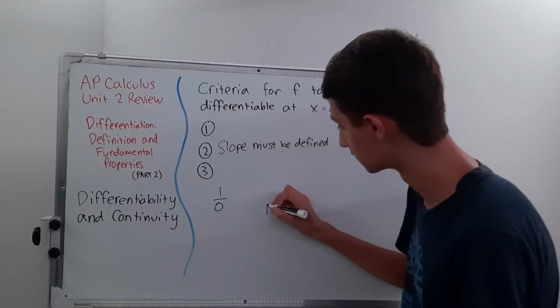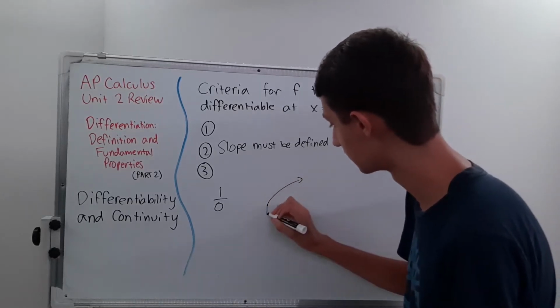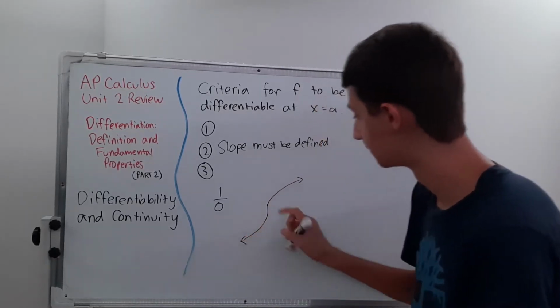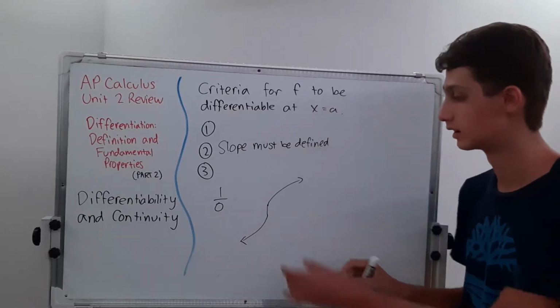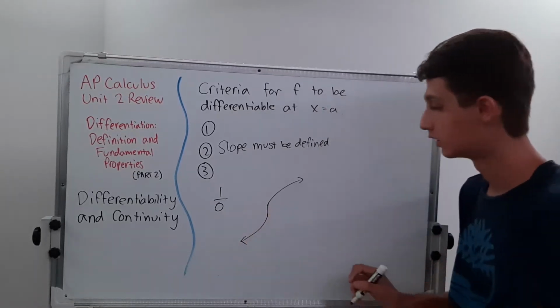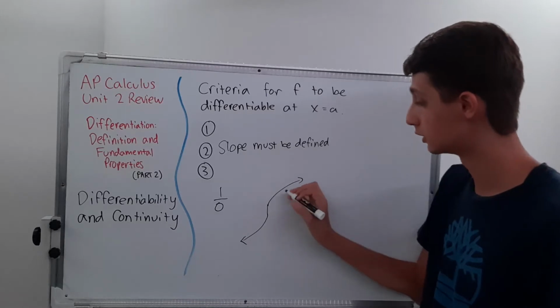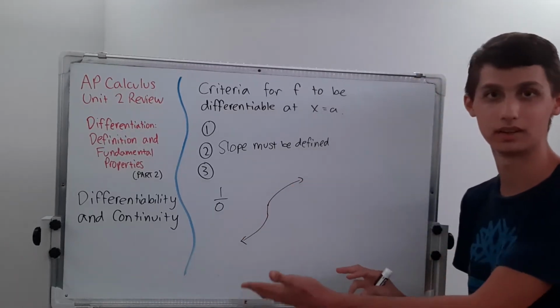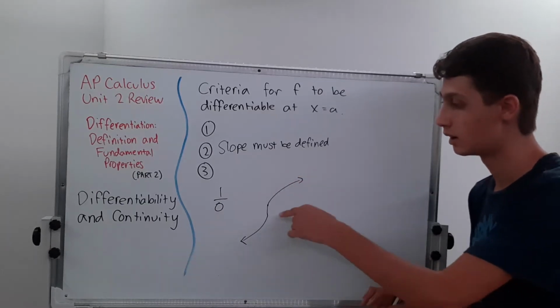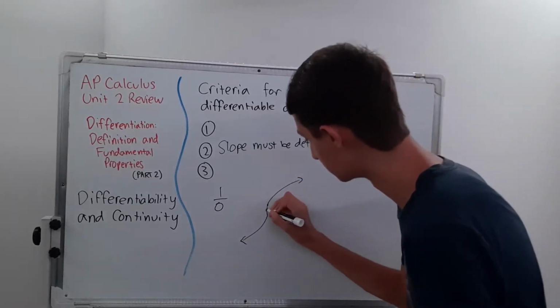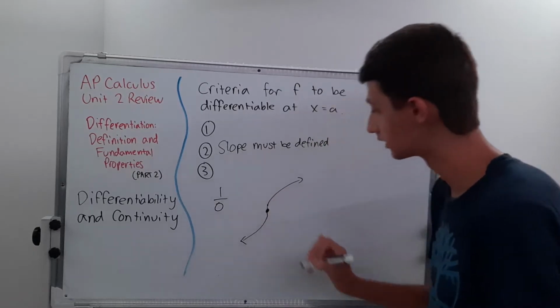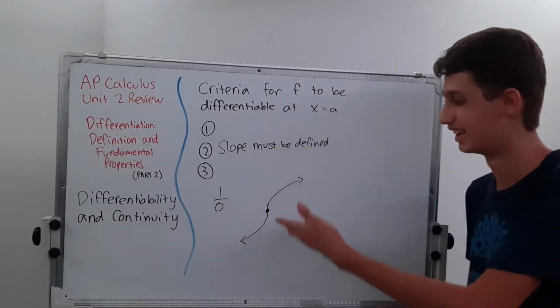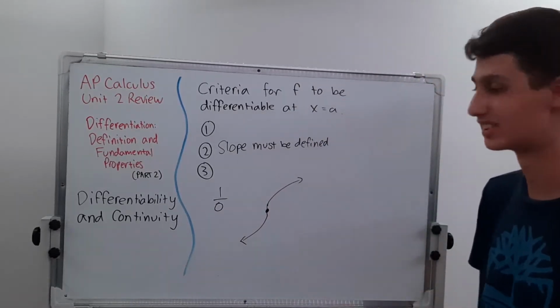So maybe your function looks like this, it goes off that way, and then it goes off this way, and you have a vertical line here. Your slope is not defined here, so you cannot find the derivative right there. You can find the derivative everywhere else, because it doesn't show anywhere else that it's going to be undefined, but just not at this particular point. You just can't have that, basically.